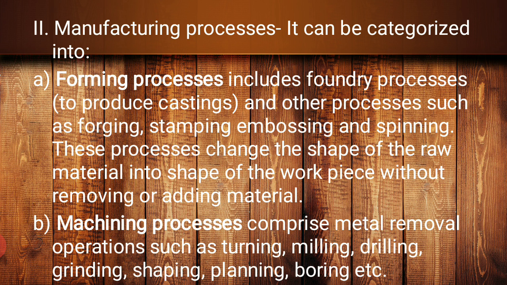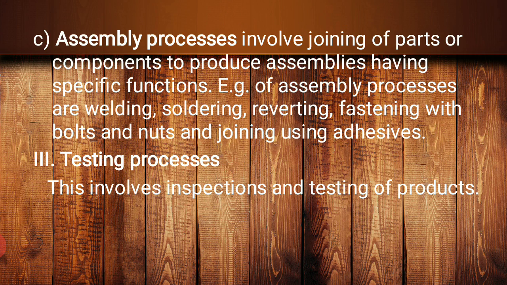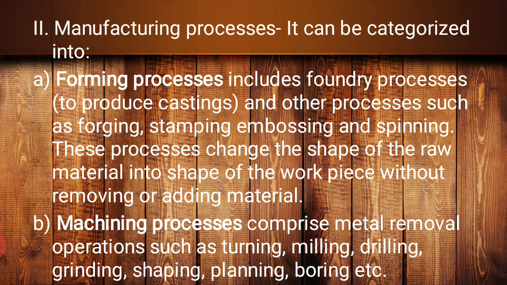When we move on to the manufacturing process, number 2, it can be categorized into the following: forming process, machining process, all right, and the third one is assembly process. Let us see it. What is forming process? Forming process includes foundry processes to produce castings. See, during your projects, you may have come across some kinds of industries which are casting industries. Now what do they actually do under casting?